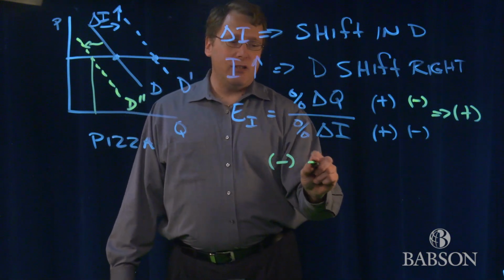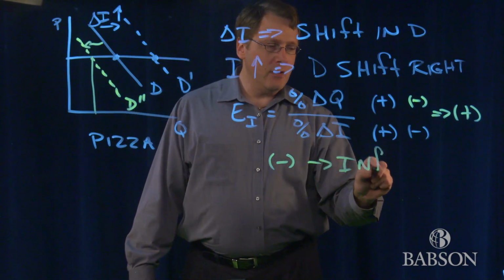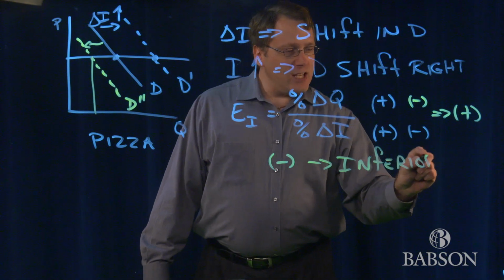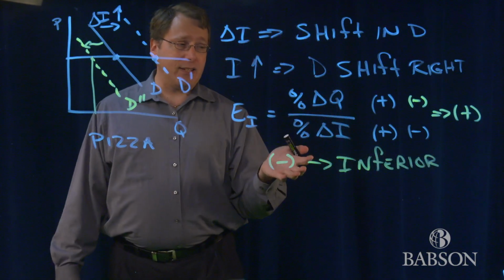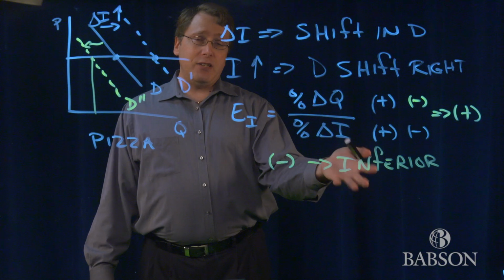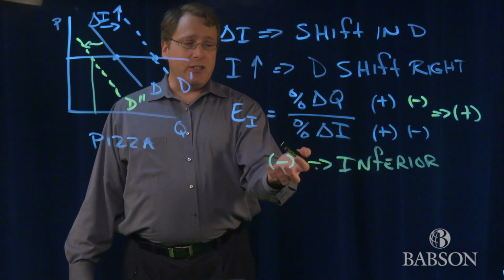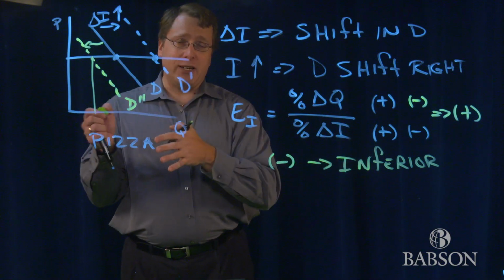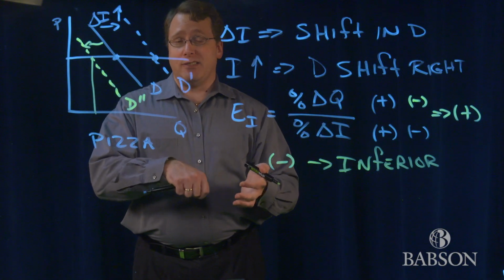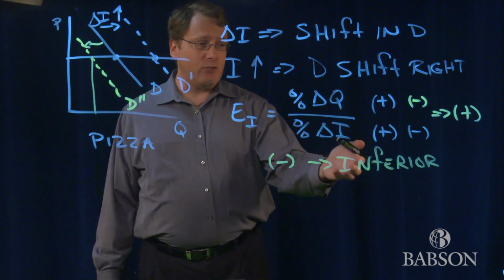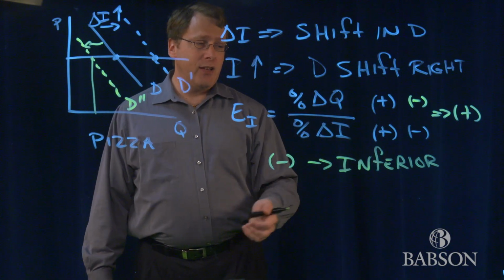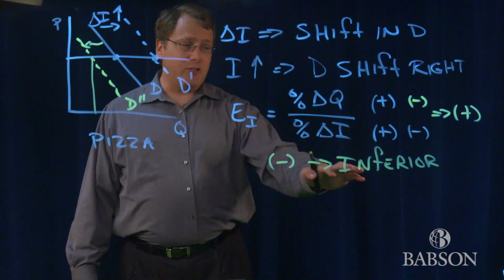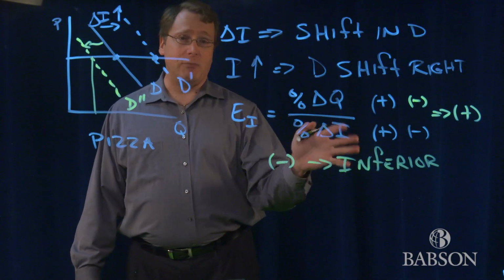That's what we call an inferior good. And the concept here is very basic. All we're saying is that for an inferior good, the consumer, as they get more income, buys some other good that they consider better. So what would an inferior good look like? Well, maybe that's for college students who tend to eat a lot of ramen noodles.